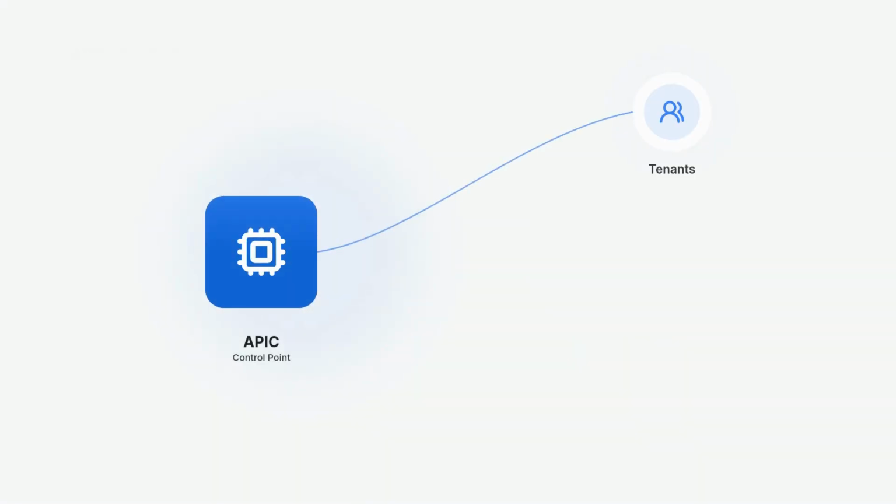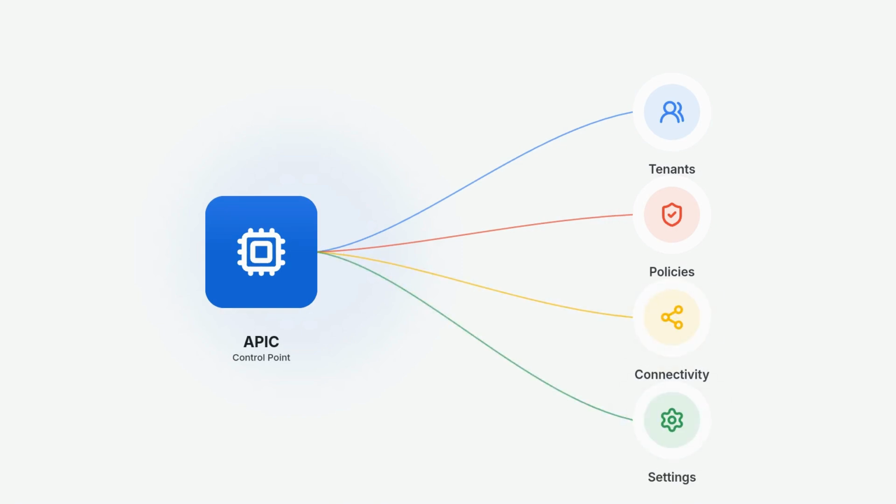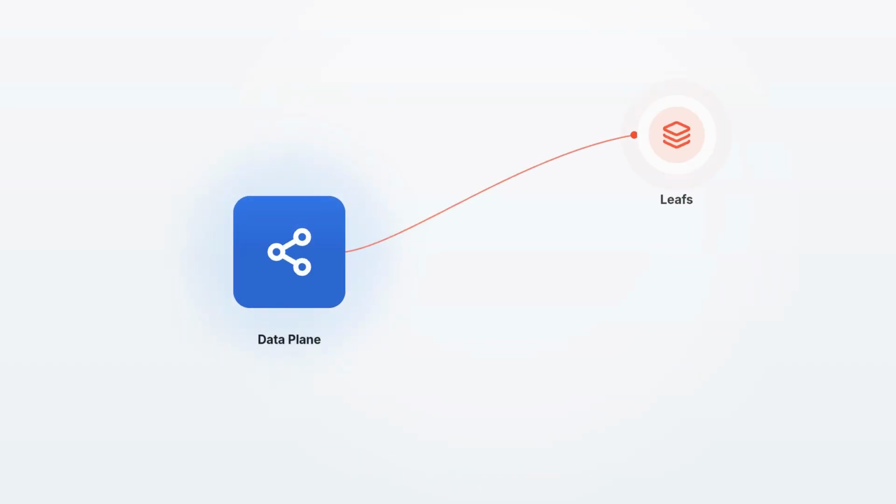So when you create tenants, policies, application connectivity rules, or operational settings, APIC is the control point coordinating that intent. But once traffic is actually flowing between endpoints, the forwarding work happens in the fabric switches themselves. That means the data plane lives in the leaves and spines. Those are the devices making forwarding decisions and moving packets through the topology.